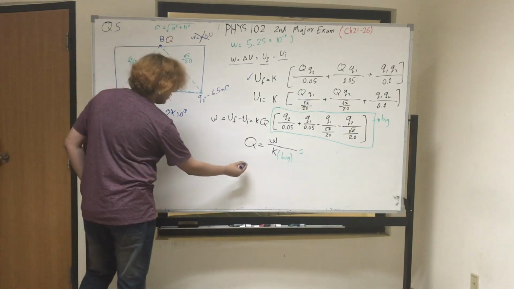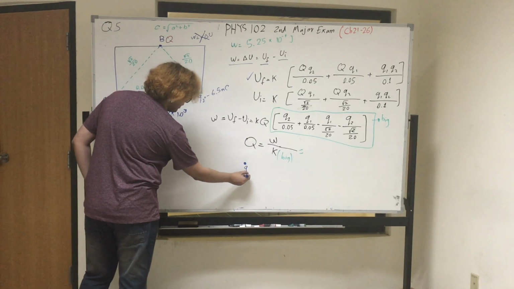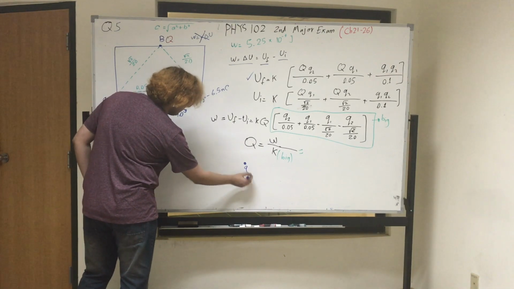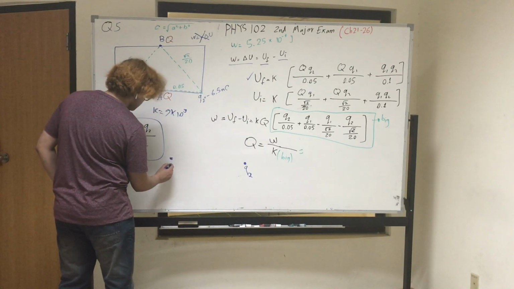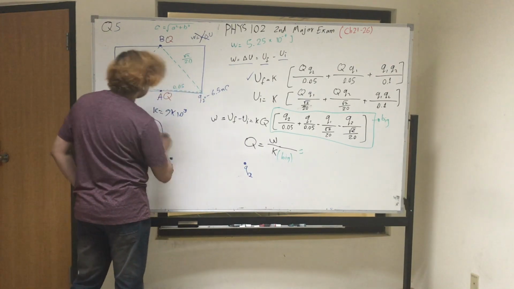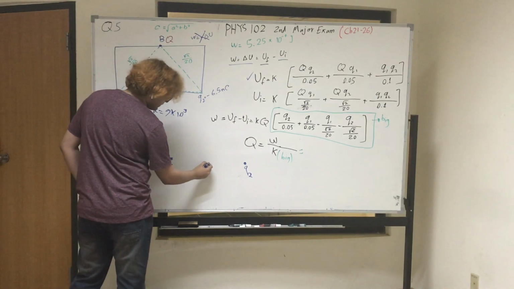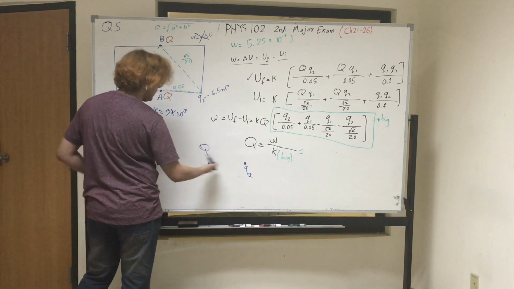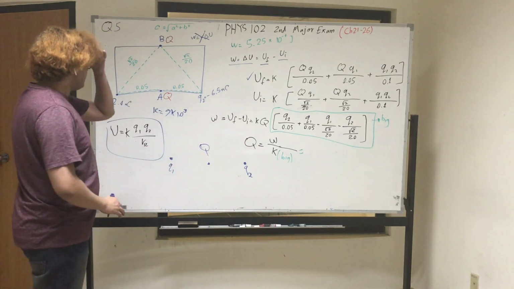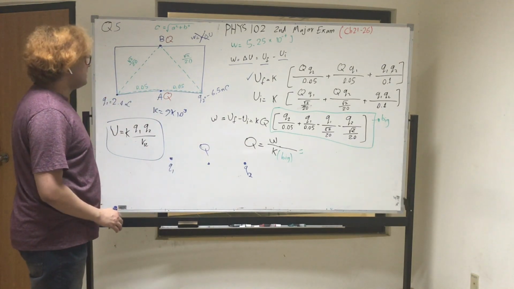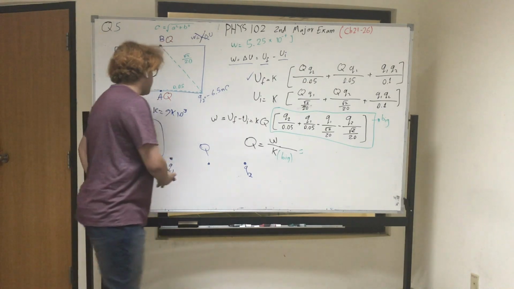In the final state, we're going to have Q2 over here, and here is Q1. We have already moved Q from point B to point A, and we have Q in between these two charges. So let's apply our equation.